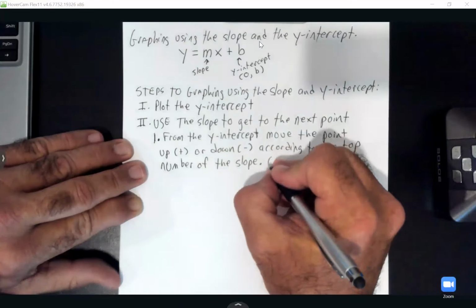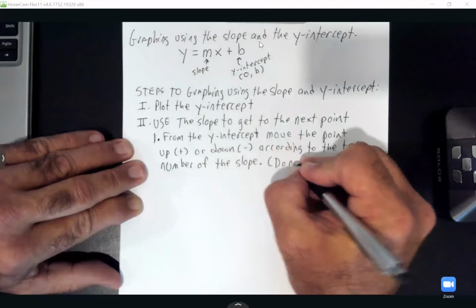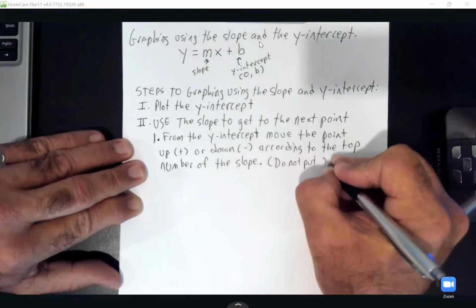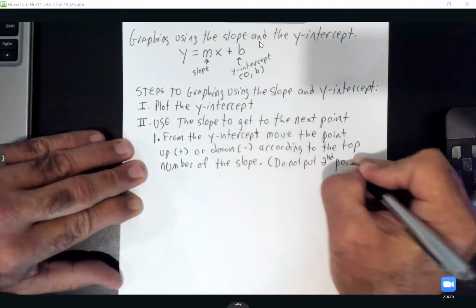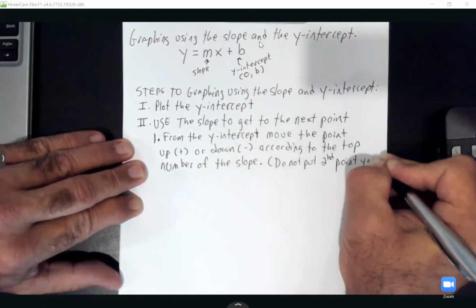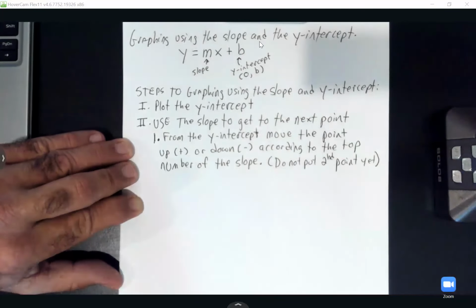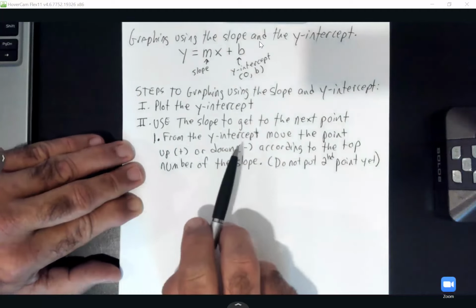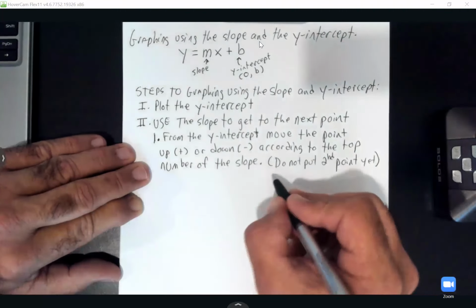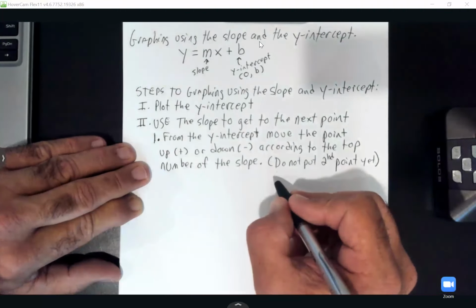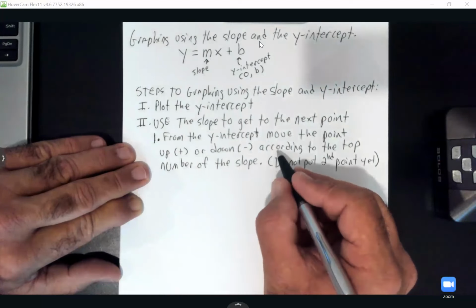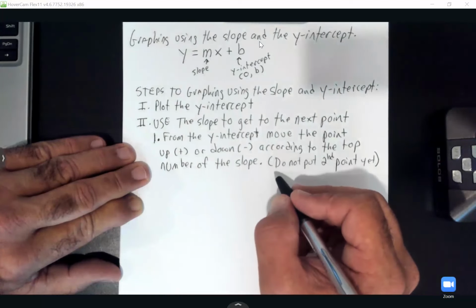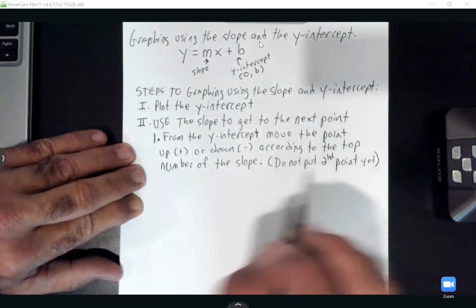Now, do not put the second point yet. Because we're not finished. But what we'll do, we're going to start at our y-intercept. If it's a positive top number, I'm going to move up. If it's a negative top number, I'm going to move down.